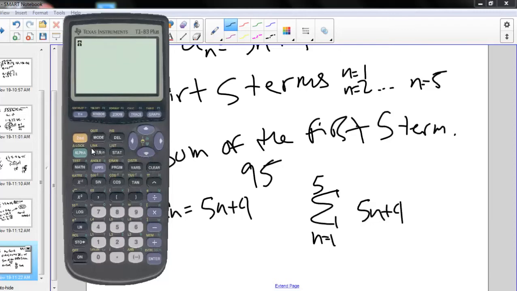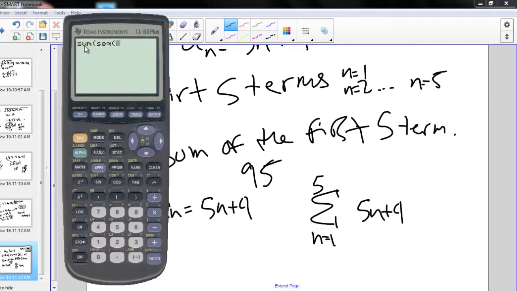So let me just show you again. Second list, and I go to math. Does everybody see the sum? Number 5? I'm going to take the sum of what? Well, it would be the sum of a sequence of numbers. That's under ops. Option number 5 is sequence.